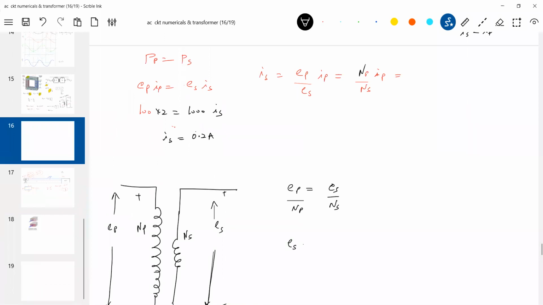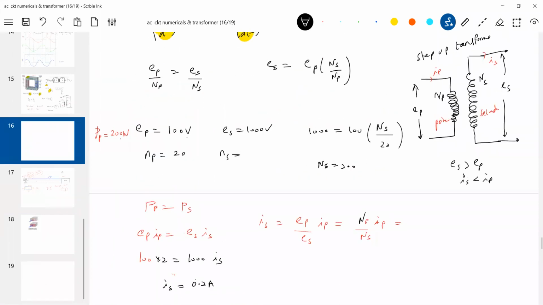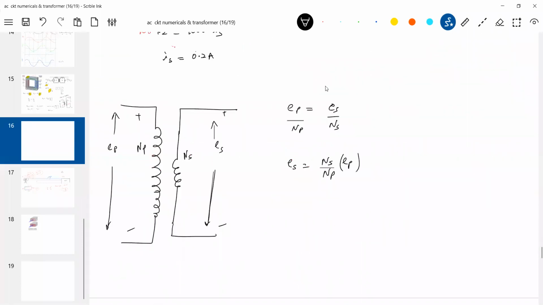So ES should be equal to NS by NP times EP. For a step-down transformer, I make the number of turns of secondary less, so ES becomes less.